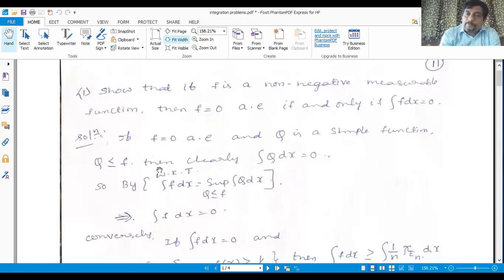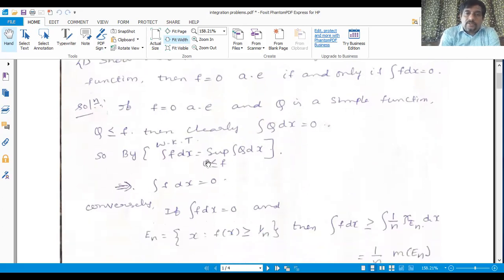You know that the integral of f dx is the supremum of the integral of phi dx, with phi less than or equal to f, and also f is a non-negative function. It starts from 0 onwards, then definitely this becomes 0, means the integral of f dx is also 0 here.